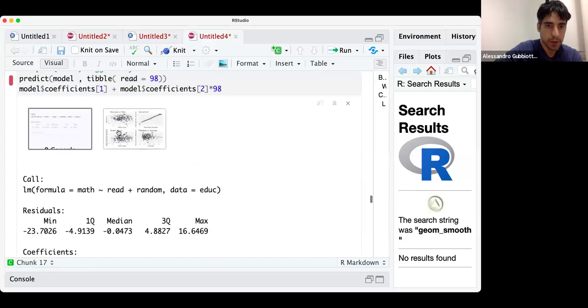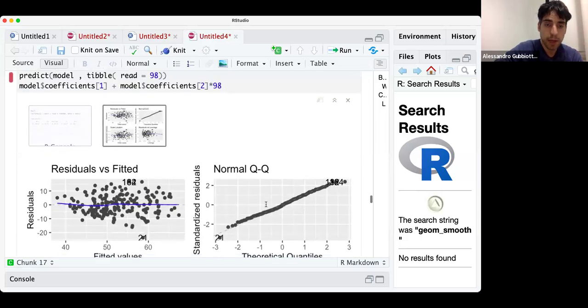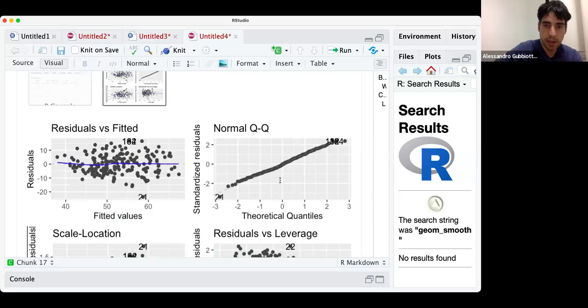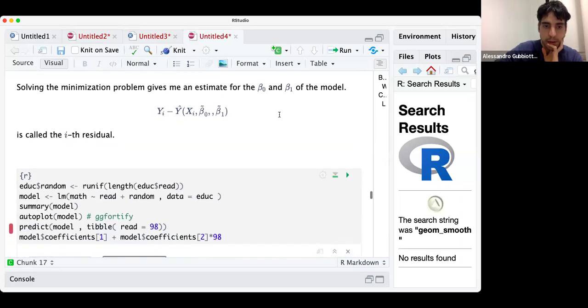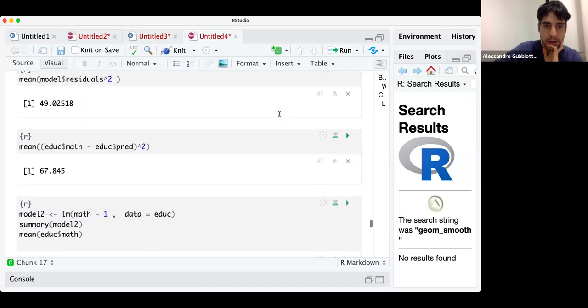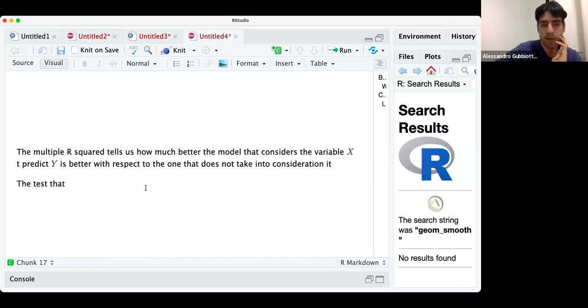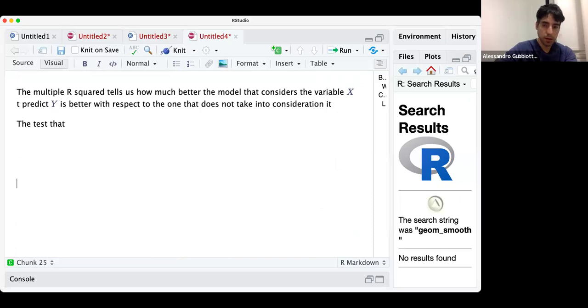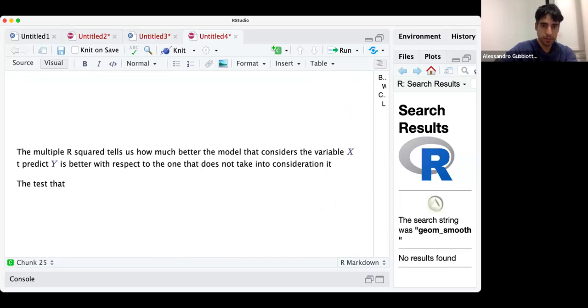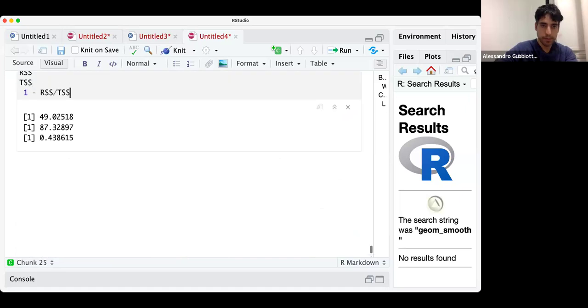Then maybe I can tell you what this quantile plot is, because it is a nice plot. Yes, probably it's good to end with the quantile plot.